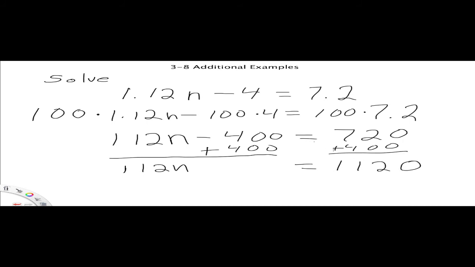And now we're going to multiply by the reciprocal of 112, so 1 over 112 times 112n equals 1120 times 1 over 112, and 112 goes into 1,120 10 times, so n is equal to 10.